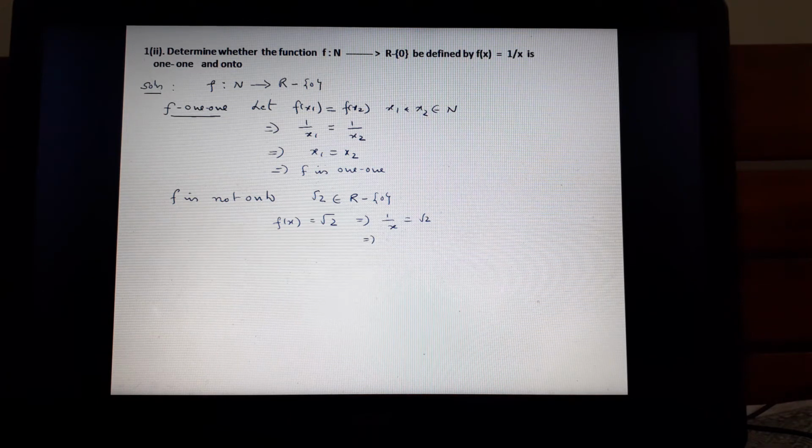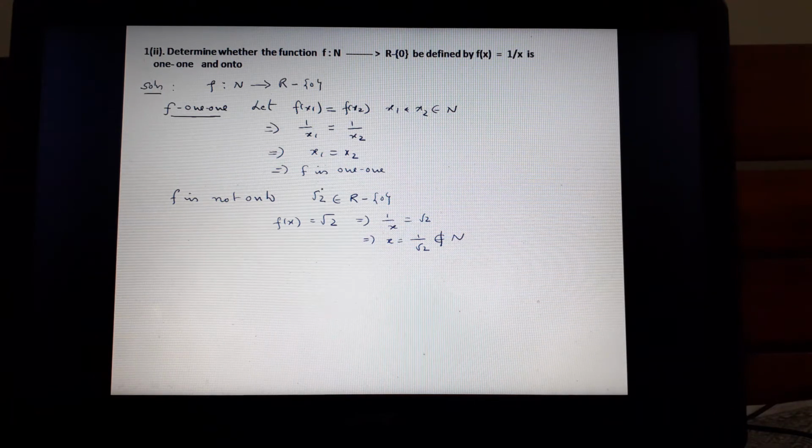This implies x must be equal to 1 by root 2. But this 1 by root 2 does not belong to N. So this clearly indicates root 2 is not the image of any x belonging to N. So definitely this implies f is not onto.